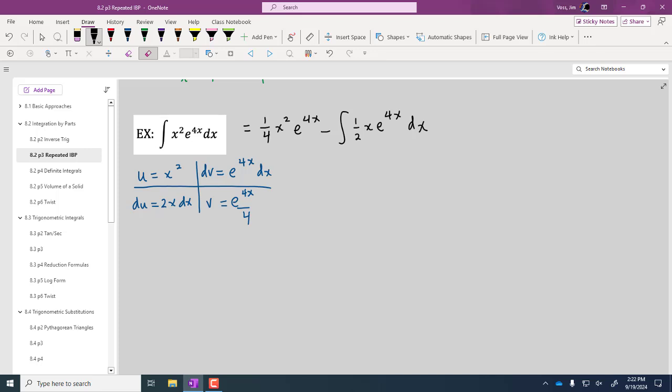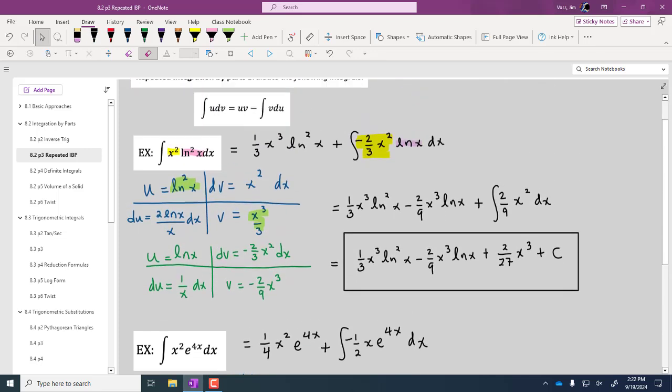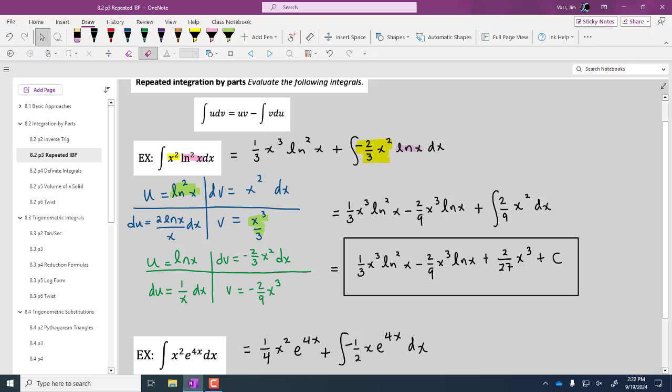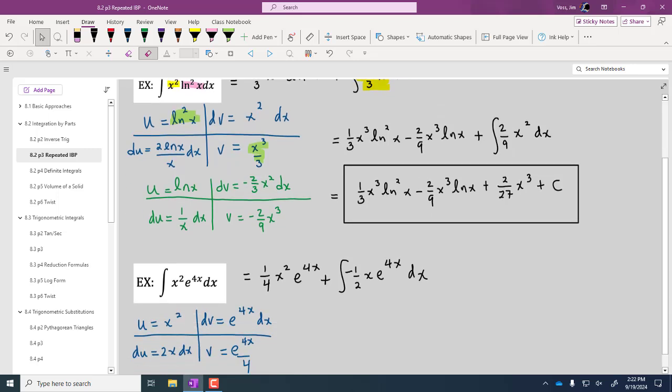So here's one of those examples where the more you do it, the more you realize this little clever trick is really helpful. If you make that a plus and you make that a minus in there, then you don't have to worry about distributing a minus sign when you do that integration by parts the second time. If you had a minus sign out in front, then it would have to be distributed across this whole quantity.